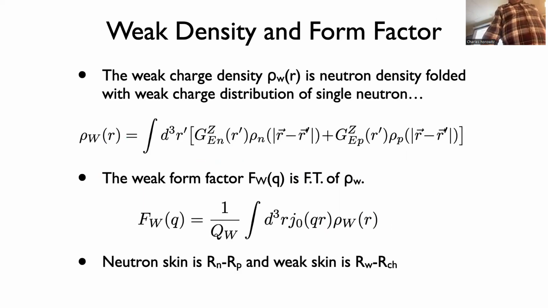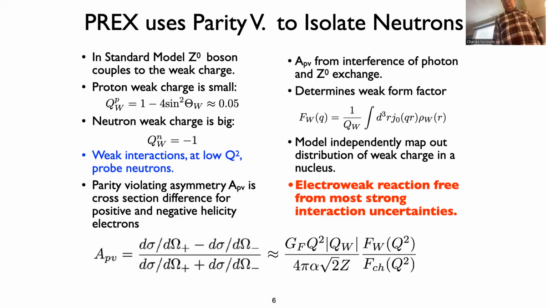What's the Q-squared dependence of QW? This here, the weak charge of lead, has radiative corrections, so it's not strictly conserved. But the short answer to your question is it's the low Q-squared limit.